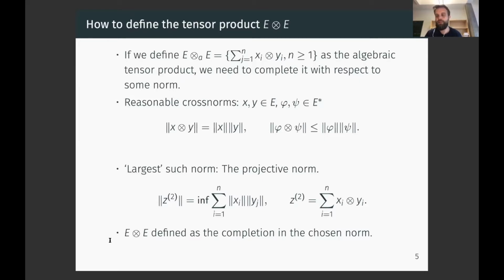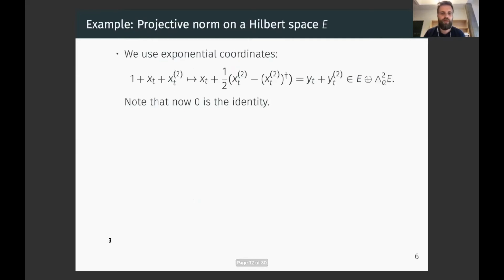Once we set all this up, all the definitions of rough paths are then ready to be used. So let's do the concrete example which we're going to look at today, which is what happens when E is a Hilbert space.